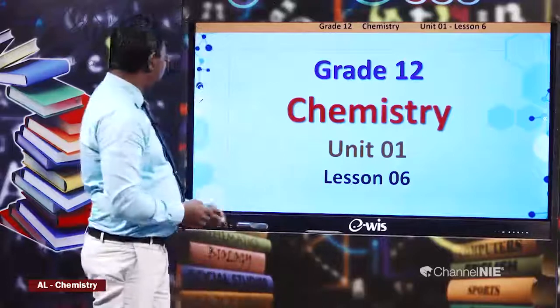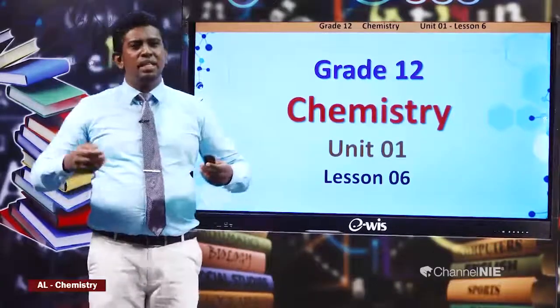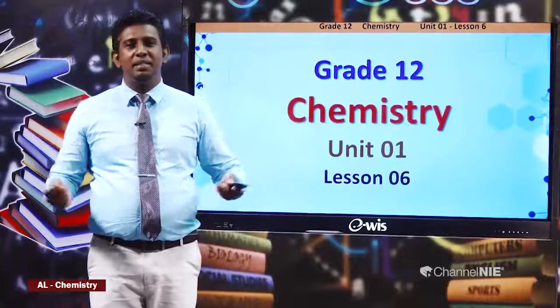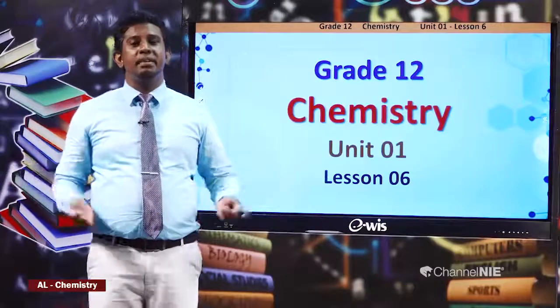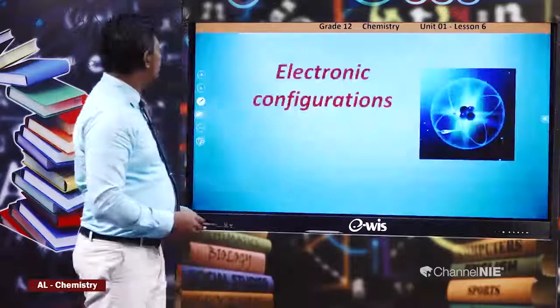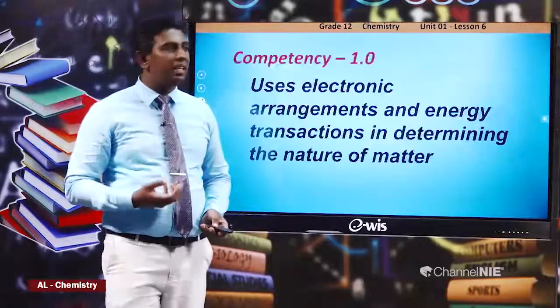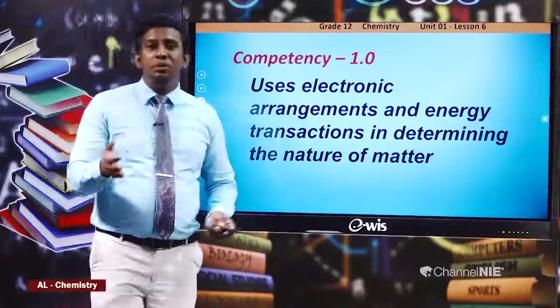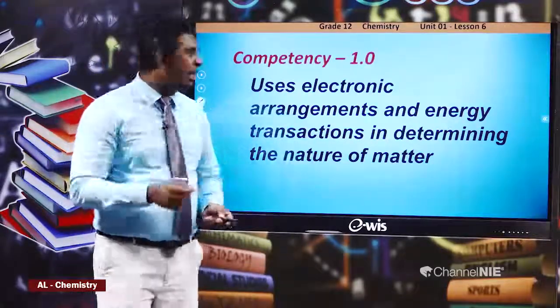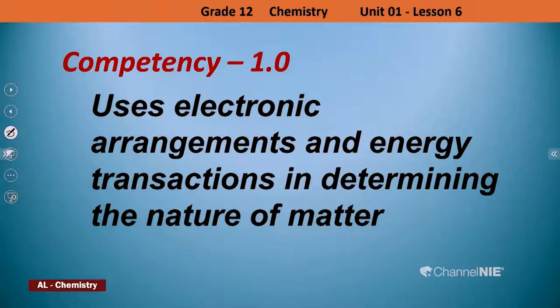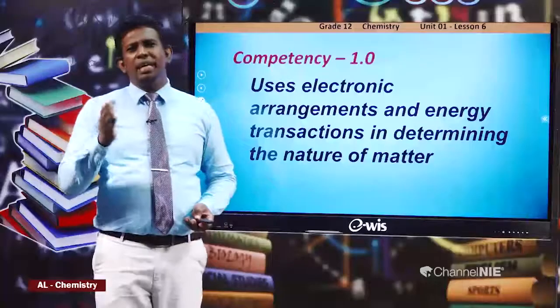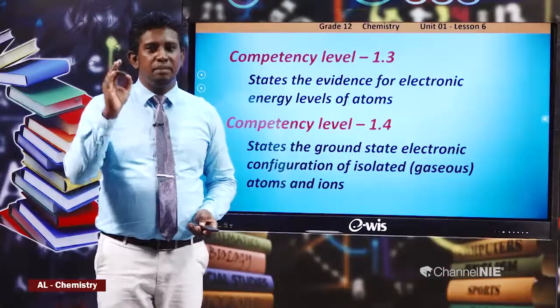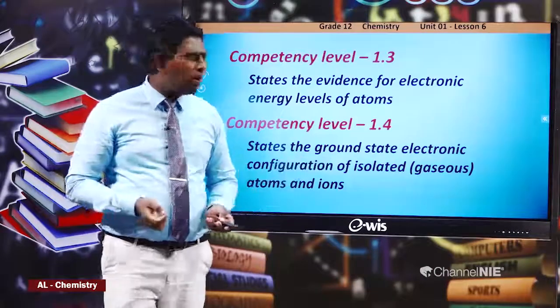Okay students, when you check where we have this lesson in our syllabus, it belongs to competency level 1, which uses electronic arrangements and energy transitions in determining the nature of matter. It has further subunits, which we call competency levels.